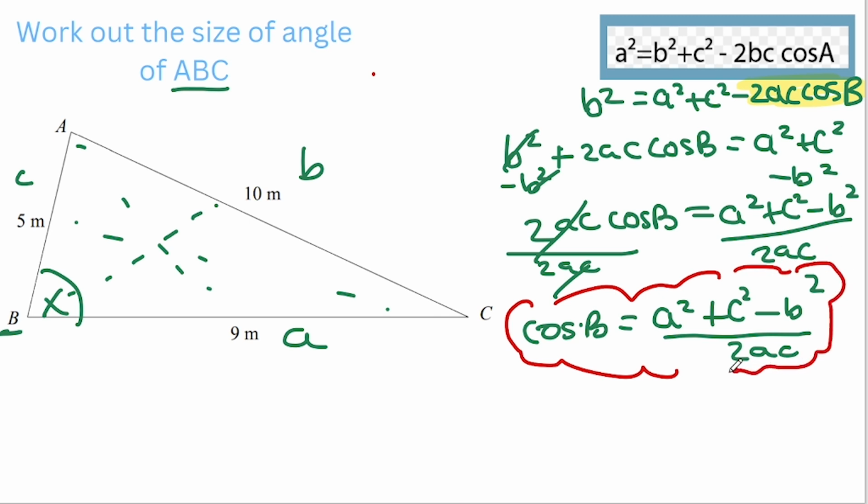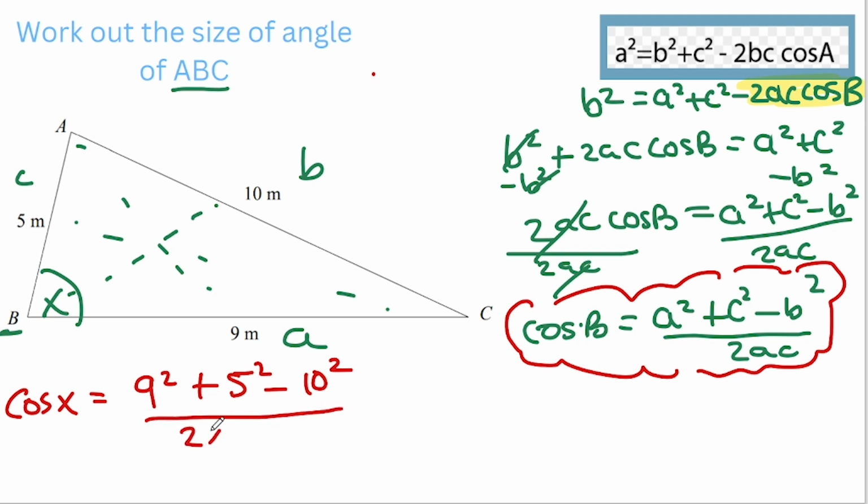Okay, after this it's just substitution. So cos x equals, so my A is 9 squared, my C is 5 squared, my B is 10 squared, all over 2 times 9 times 5. And if I put that in my calculator, I'll get cos x equals 1 over 15.